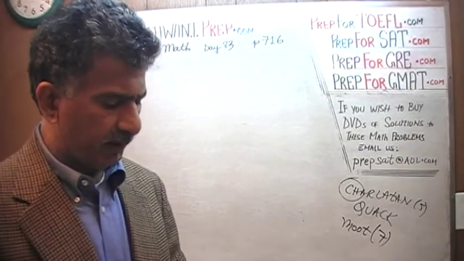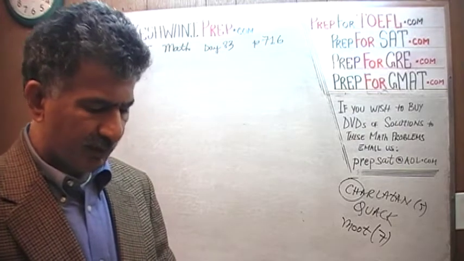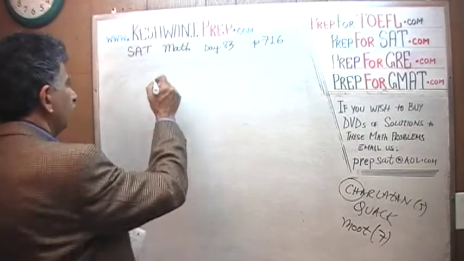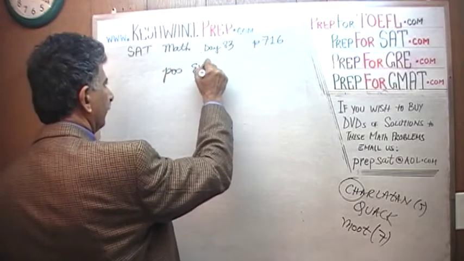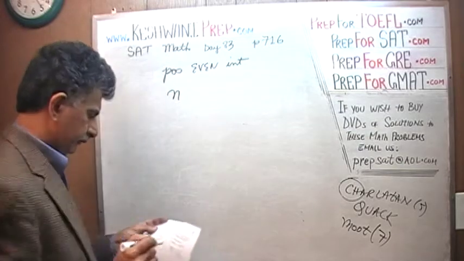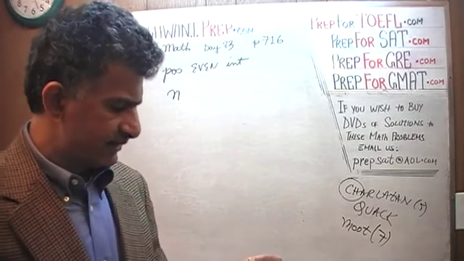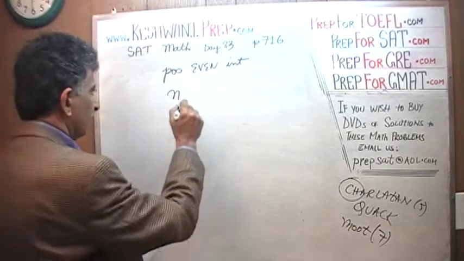We are told when the positive even integer n, so we are told it has to be positive and it has to be even. When positive even integer n is increased by 50% of itself, so whatever n is, we're going to take 50% of it.